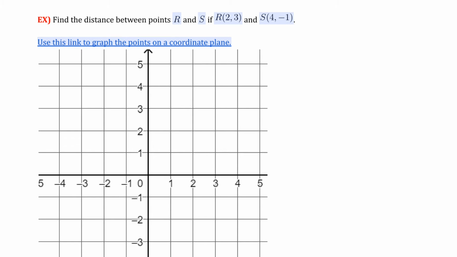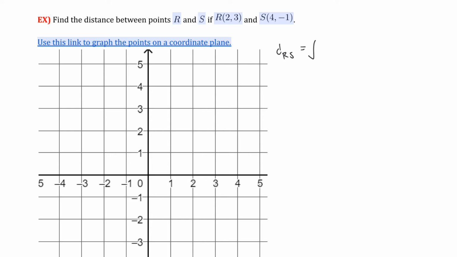All right, so first example here. It's asking us to find the distance between points R and S if R has the coordinates 2, 3, and S has the coordinates 4, -1. All right, so first things first, let's get that formula down one more time. So the distance, but now instead of between A and B, we have points R and S instead.